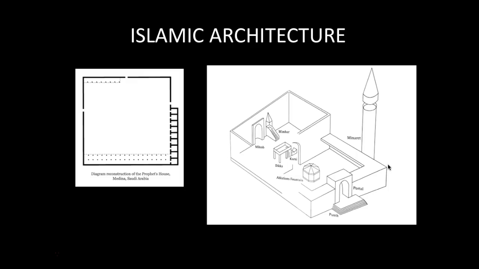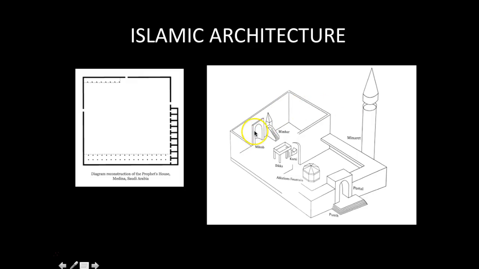His house had a large courtyard surrounded by long rooms supported by columns. And then this will influence the hypostyle hall inside mosques, which are common to many of the mosques. Another typical feature that we talked about with the Hagia Sophia are the minarets, and those are used as a call to prayer when prayer is announced, and it also serves as a visual reminder of Islam.